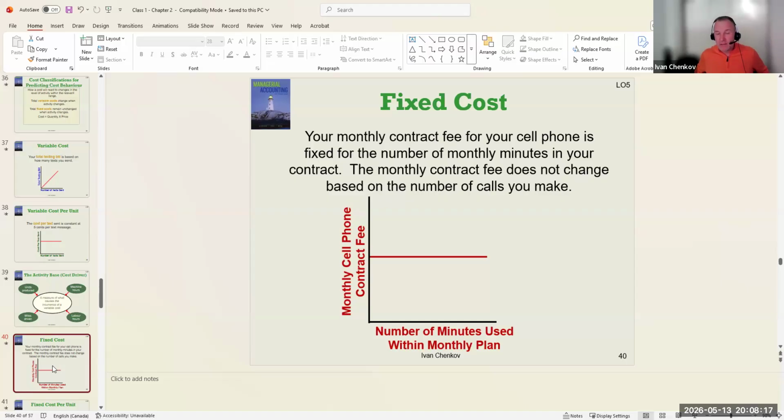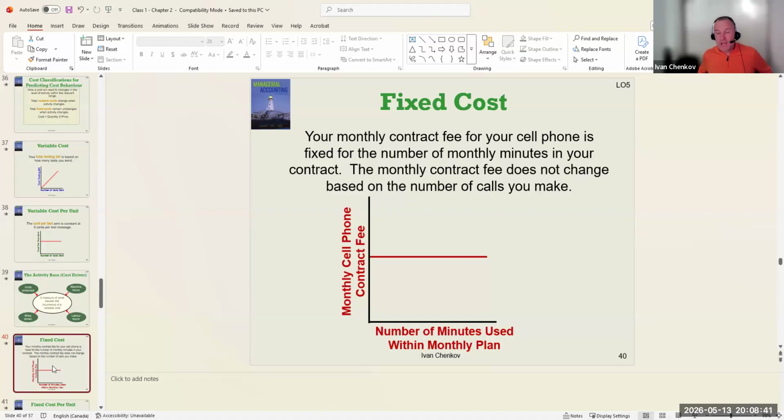If you're on the plan, you're paying a fixed fee for the plan. Let's pretend the fixed fee is $50. It doesn't matter how many text messages you send, the cost is always going to be $50. If you want to talk, talk. If you don't want to talk, don't talk. But the cost is $50.